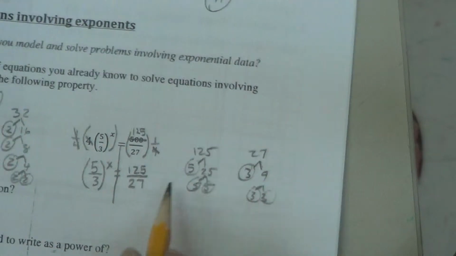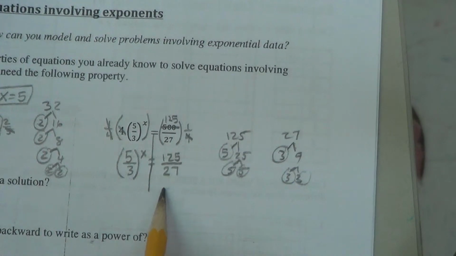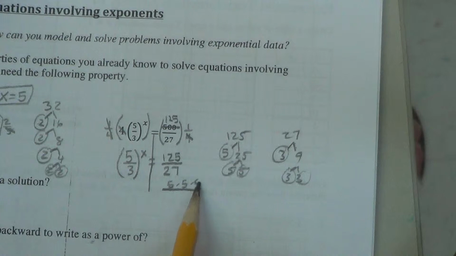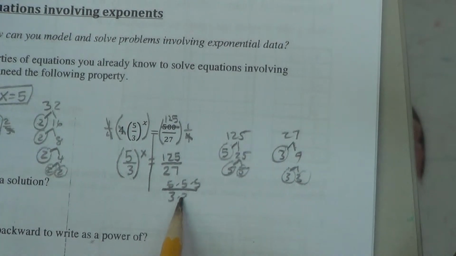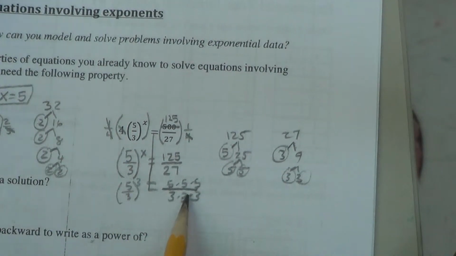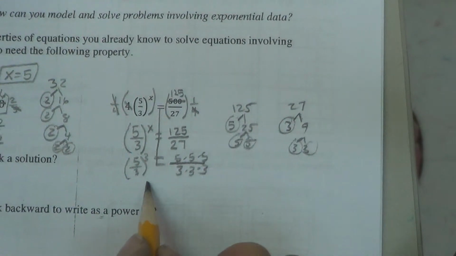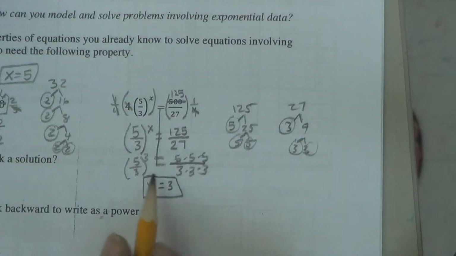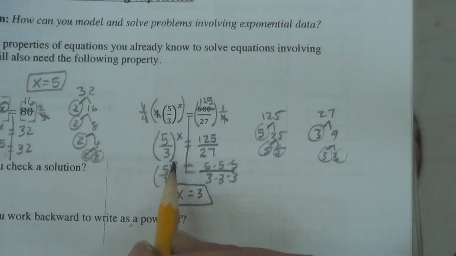So if we look closely at this fraction, what it really is saying is 5 times 5 times 5 over 3 times 3 times 3. Well, we know that that means that 5/3 to the 3rd power is equal to that. So we know that x equals 3, because x is the power right there.